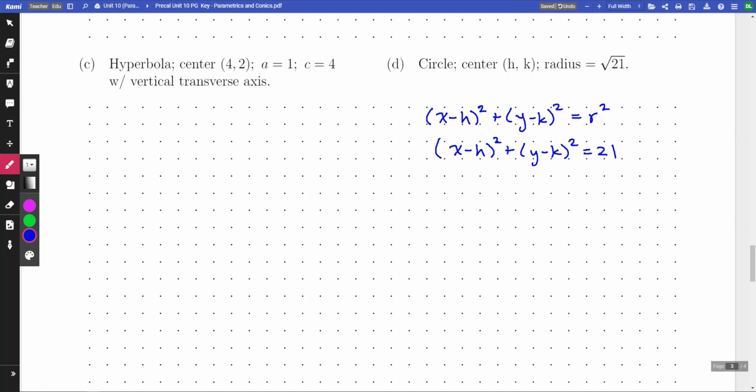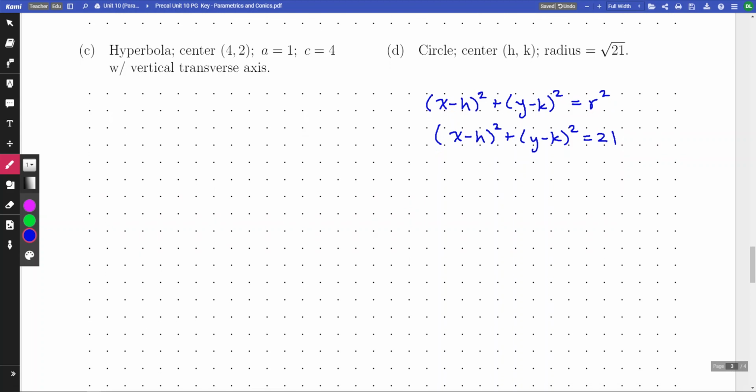And now we have our hyperbola. For our hyperbola, we know where our center is, we know the value of a, we know the value of c, and we have a vertical transverse axis.